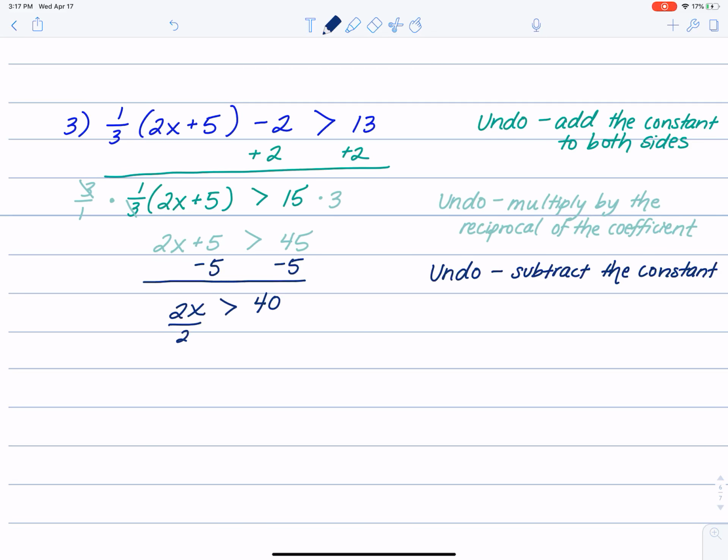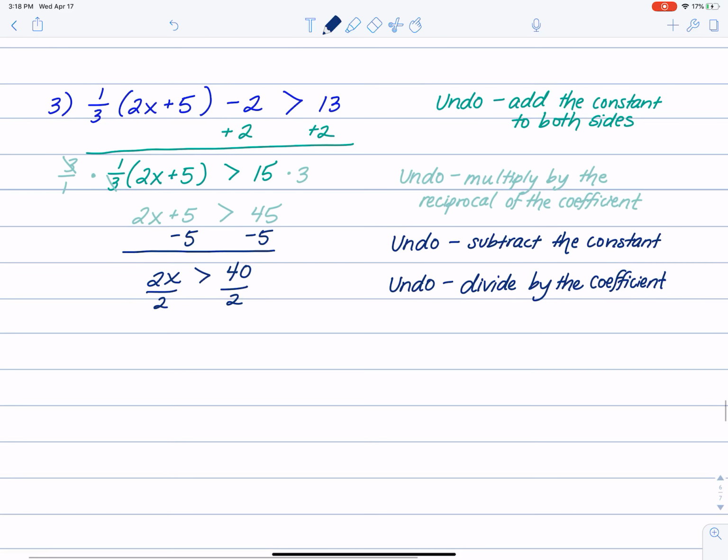We're going to divide by 2, another undo step. Divide by that coefficient. And now we have x is greater than 20.